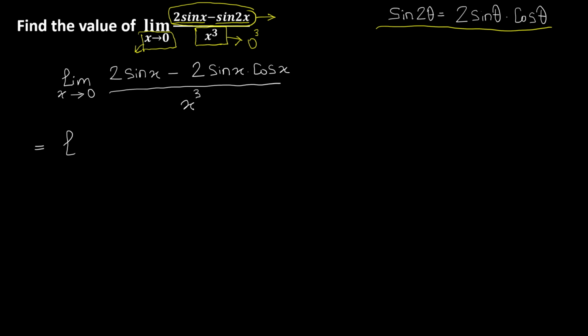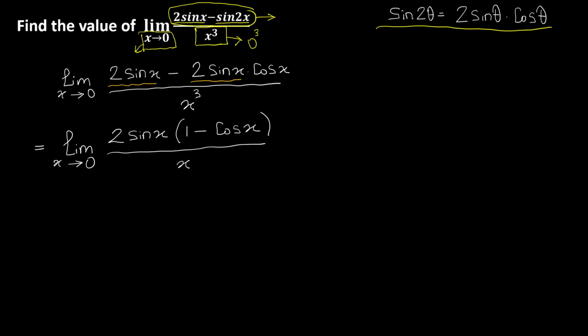Now I can factor out 2 sine x from these terms, taking them common, and I will be left with 1 minus cos x divided by x cube. Right now, in the numerator the degree of sine is 1.